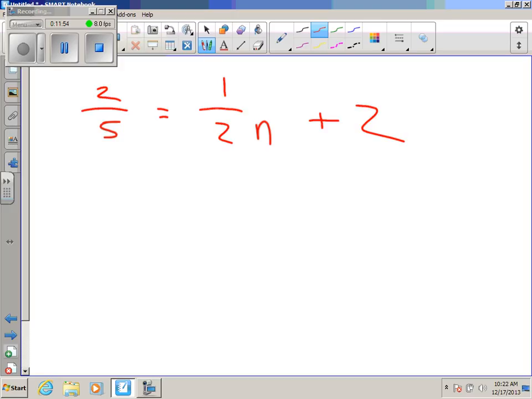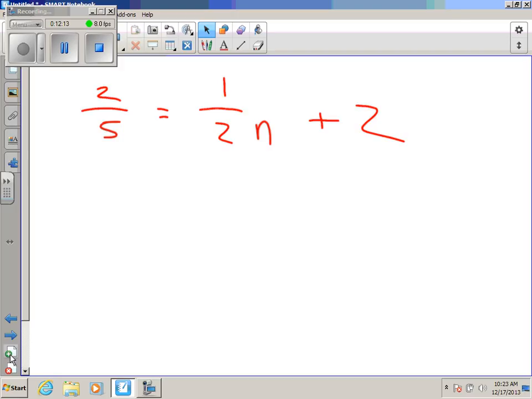All right, so here's where it gets a little bit different. It's a two-step equation. We've got multiplication and we've got addition. Which one has to get done first?